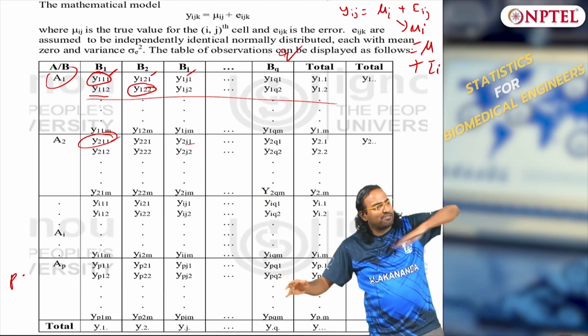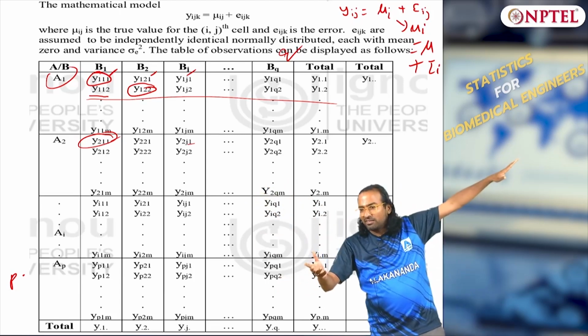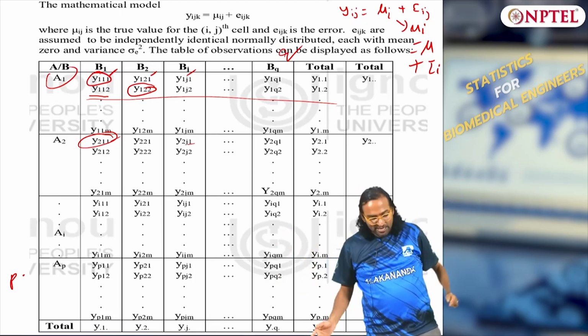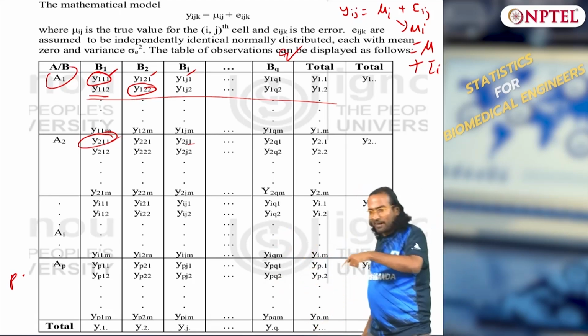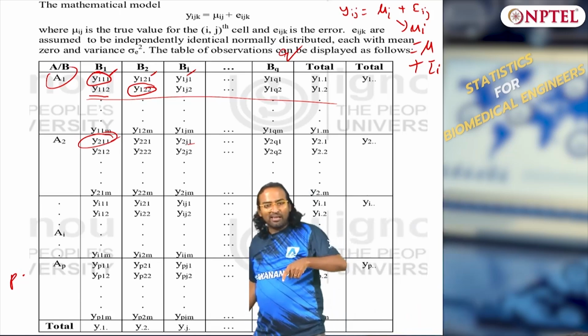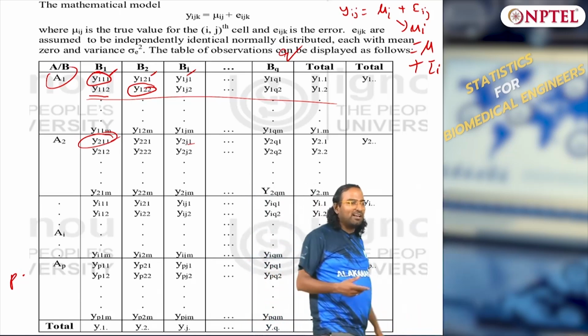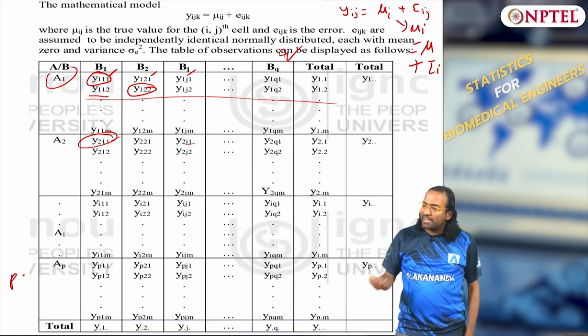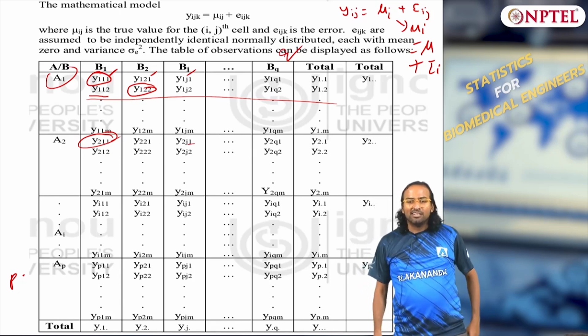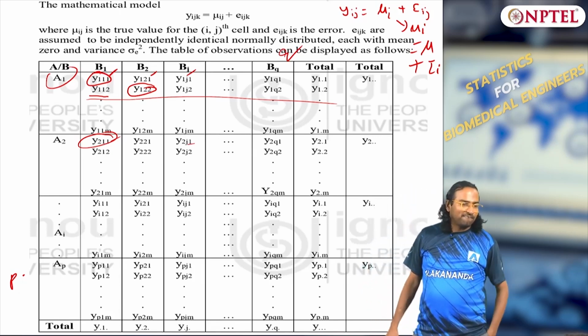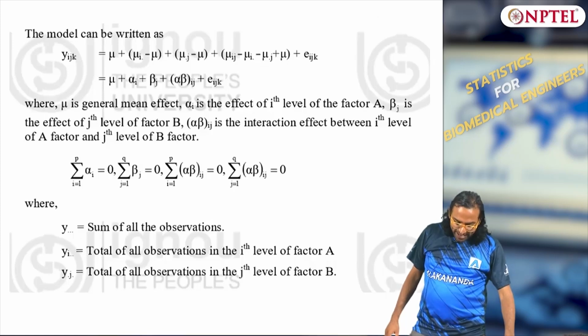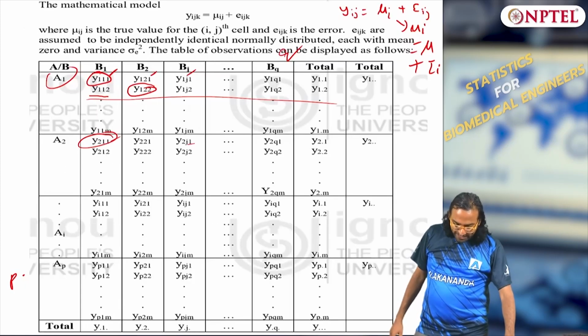There is only one factor, which is the rows, where i is the treatment or factor. Similarly here, i and j are the factors. K is not a factor, K is just a replicate number. So this mu_ij will have what? Now how do I write mu_ij? Mu_ij has to be expanded. How do I write mu_ij?